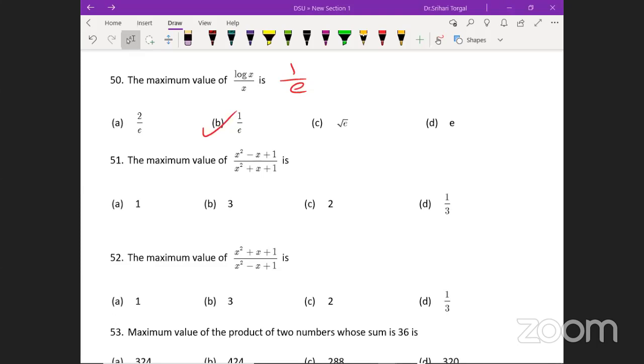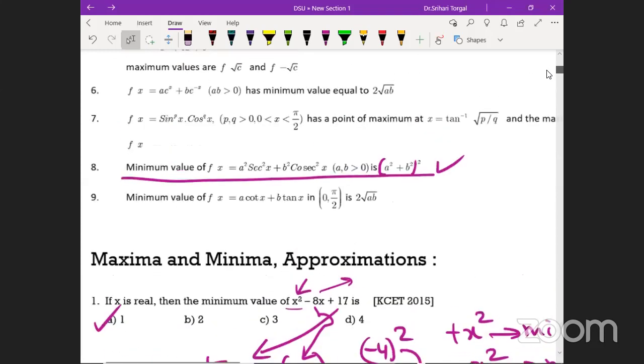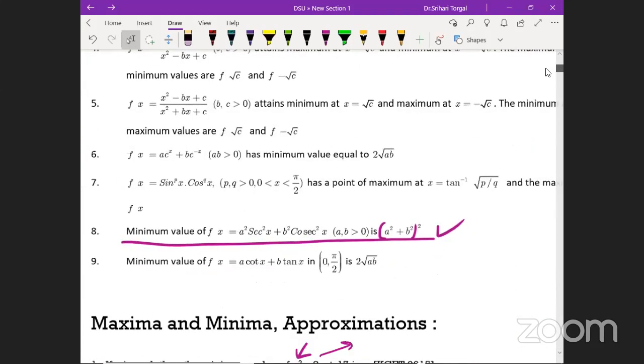Nitya is asking, does maximum and minimum follow the same steps? Yeah, if it is only maximum, it follows like that. Concentrate here.